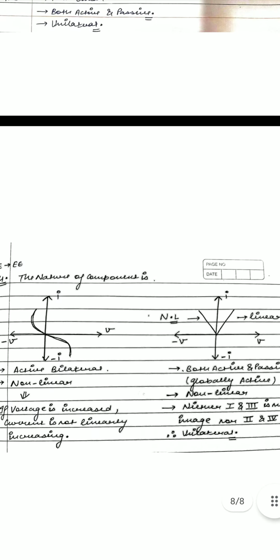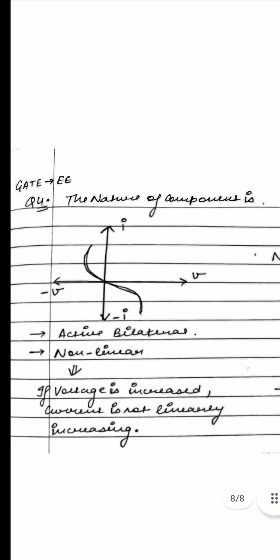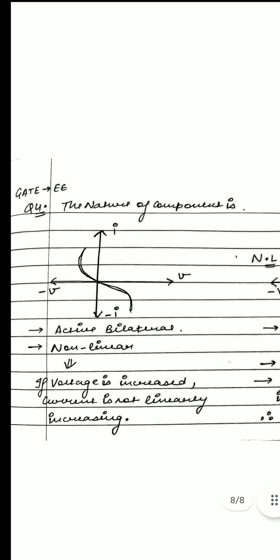Okay, last question. The nature of the component of these two graphs. For example, the first graph. First of all, it is the active element. Why? Because it is lying in the second and fourth quadrant, therefore it is an active element.